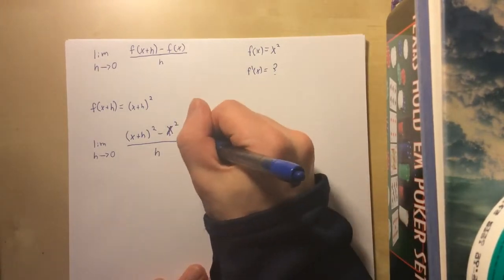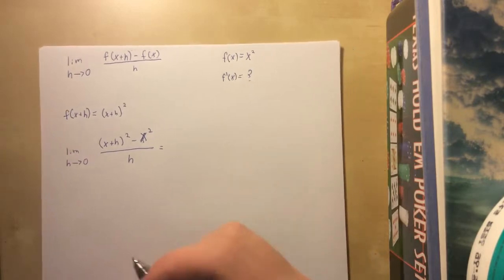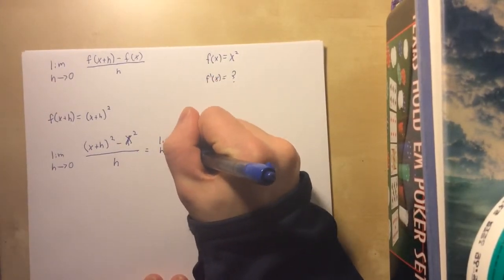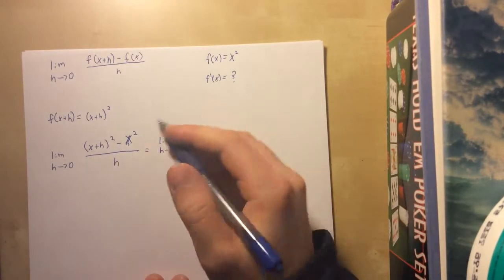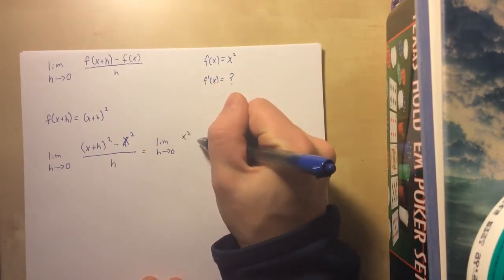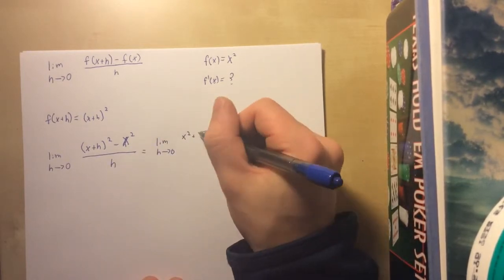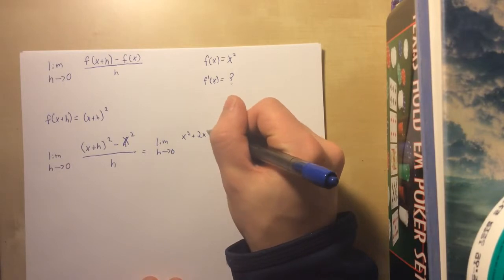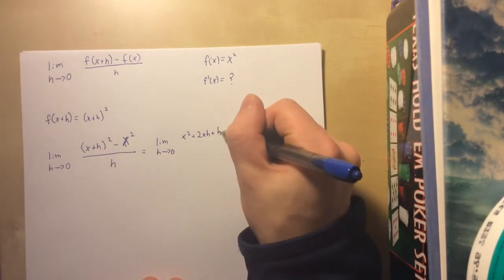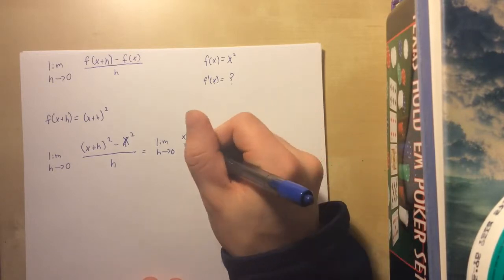And now let's see what happens once we take care of this x plus h squared. We get the limit as h approaches 0 of x plus h squared. That will give us x squared plus 2 times the product of the two terms, 2xh, plus h squared, minus x squared.